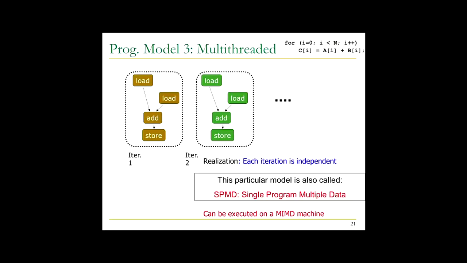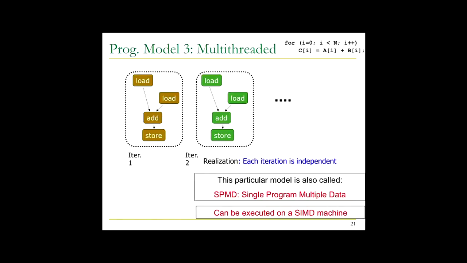Sometimes you may see single procedure, multiple data also over here. You can call it single thread, multiple data also. So the realization, the GPU realization, is that this can be executed on a SIMD machine, basically. You can take this single program, multiple data, multi-threaded program, and design a much more efficient machine than a multiprocessor. A multiprocessor replicates many processors, so it's not very efficient.